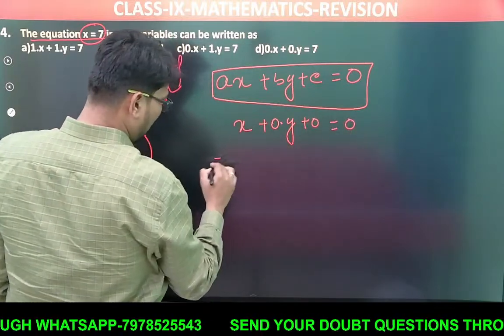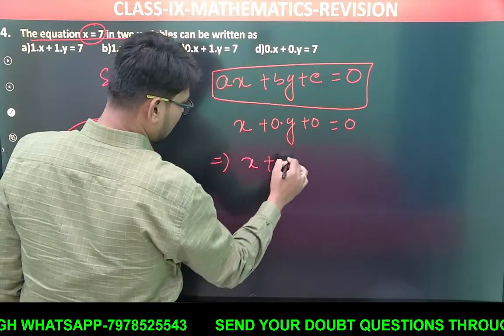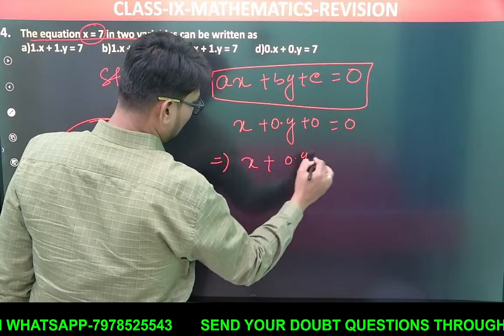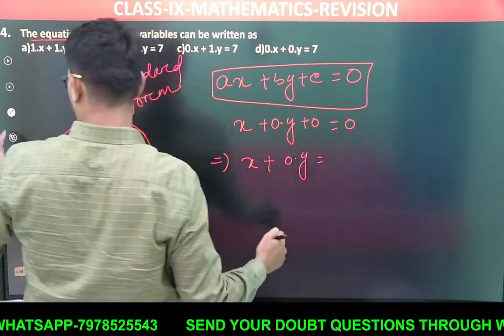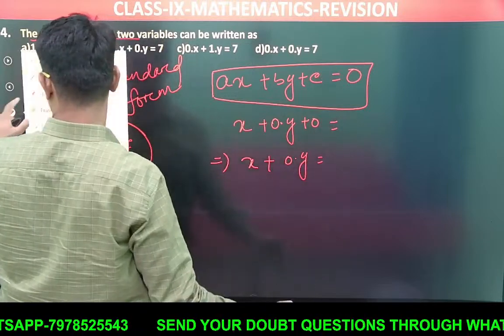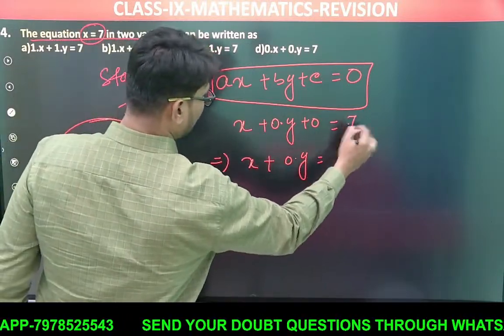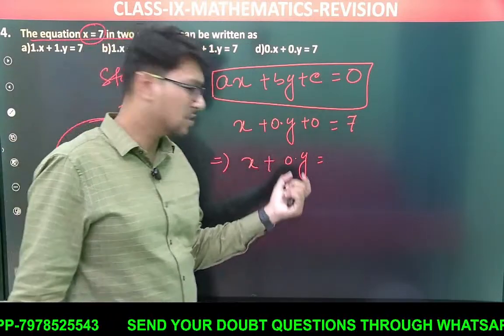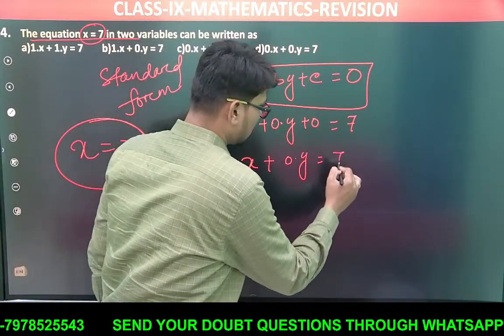If we simplify, it will become x plus 0 into y equals 7.